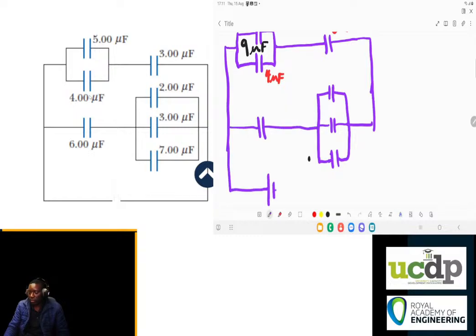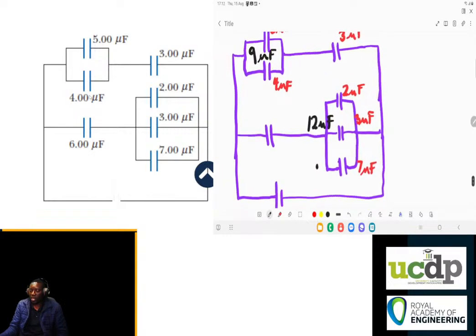It's 12. Okay, so 2 microfarads with 3 microfarads and 7 microfarads. Their total there is an equivalence of 12 microfarads. So we have 12 microfarads from those.